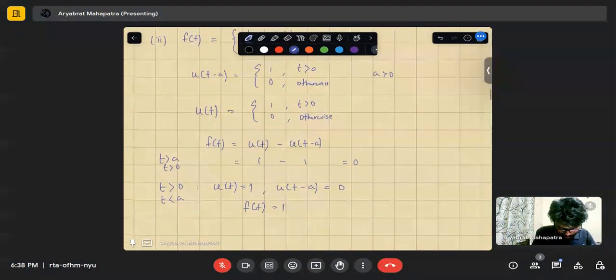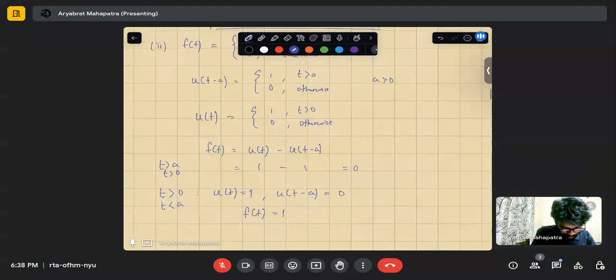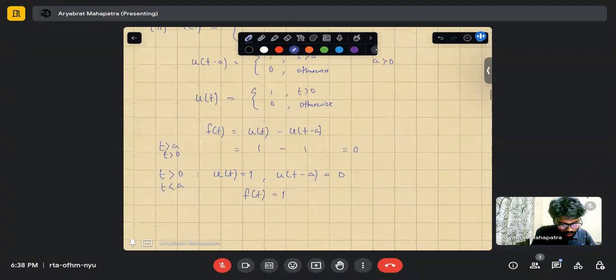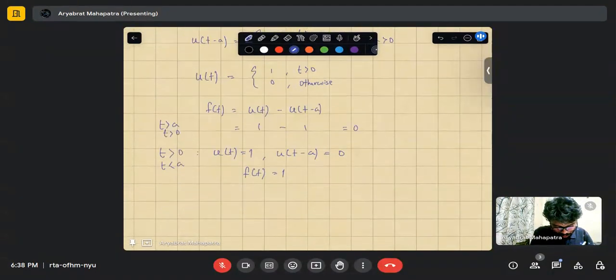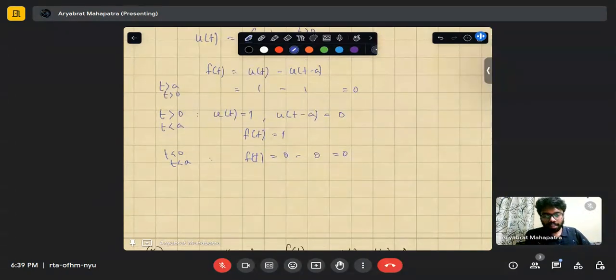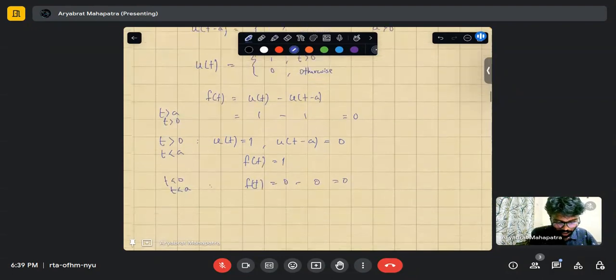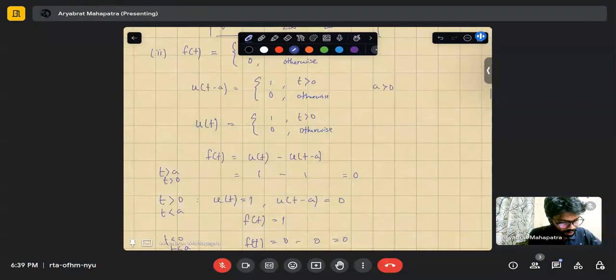Is there any more conditions? Yes, there is another one: if t is less than 0 and also t is less than a. In that case also your f of t is basically 0 minus 0, that is 0. So that is the idea of this unit step function.